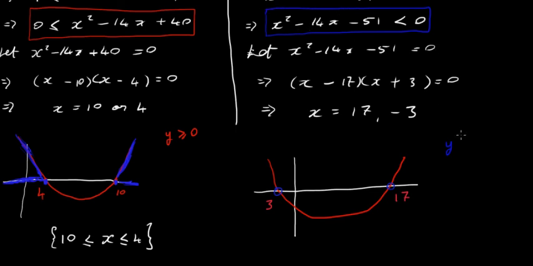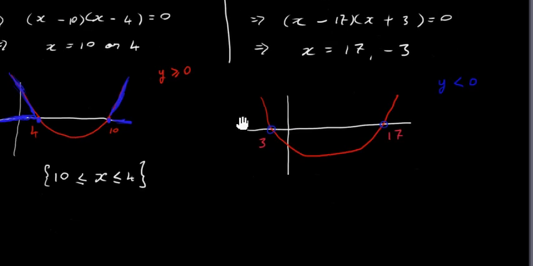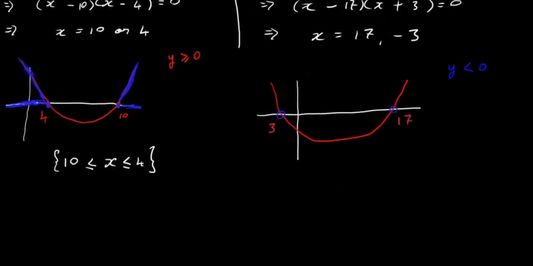So y less than 0 is just going to be everything down here. All these values here have negative y values. What x values give us these particular y values? Well, all of these ones in here. All of these x values here give us all of these points down here which have negative y values.